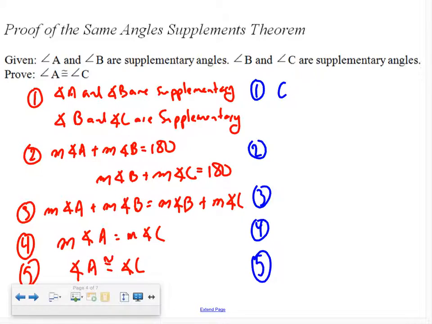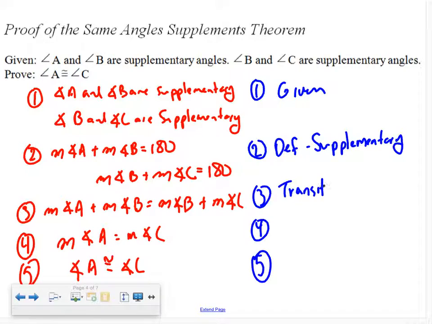So first one, that's given. Line 2, that's definition of supplementary angles. Line 3, that's going to be the transitive property of equality.